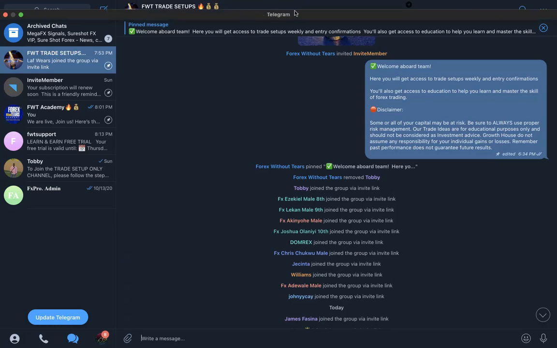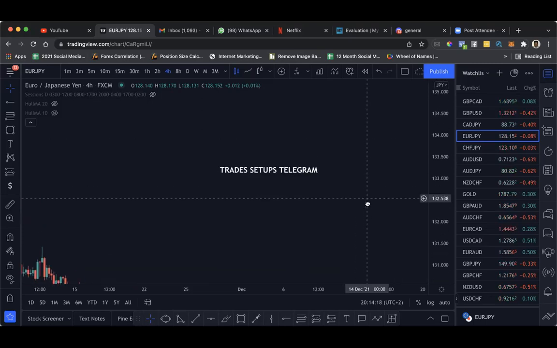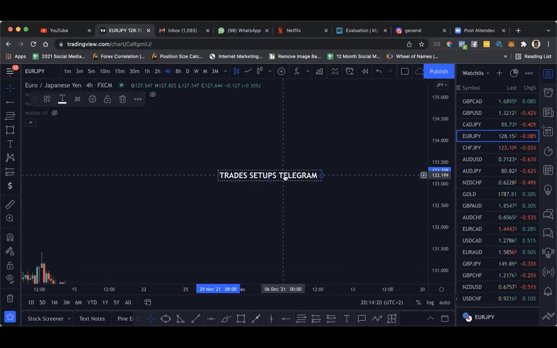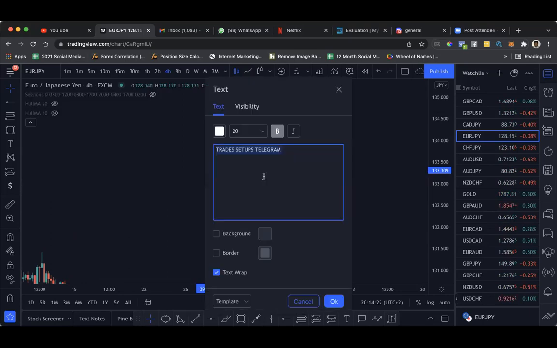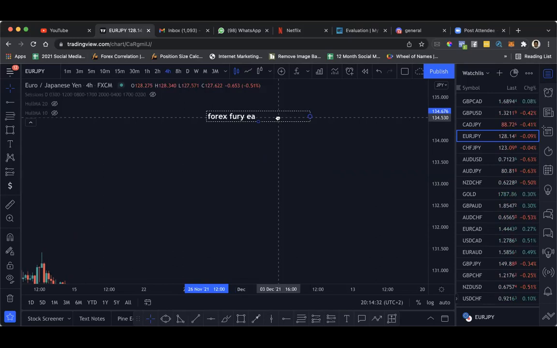So now the next thing that we'll talk about before we go into analysis is, last week on Thursday, we talked about access to a particular EA called the Forex Fury, Forex Fury Expert Advisor. So I dwelt on it a lot last week, and then we went to the website, we went to the My FX book and all those stuff.